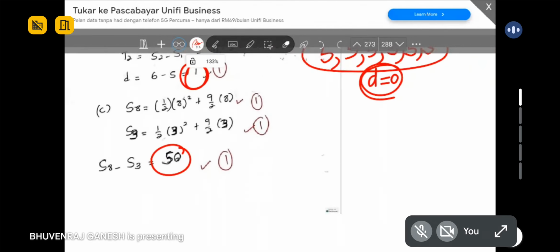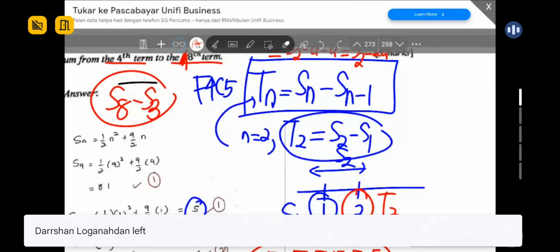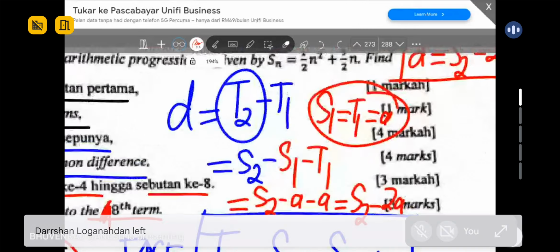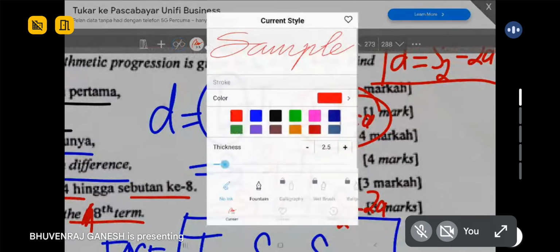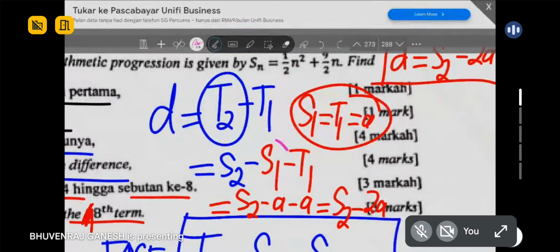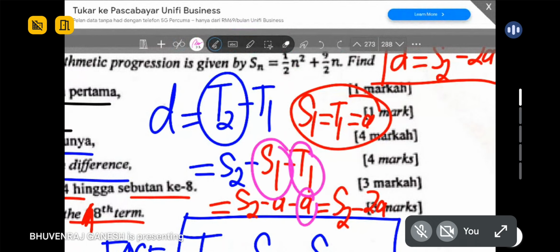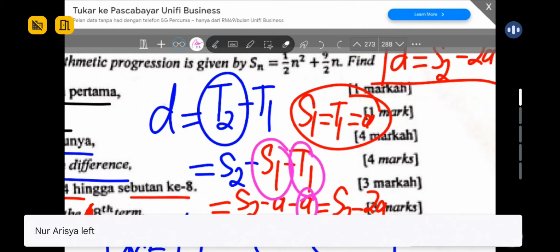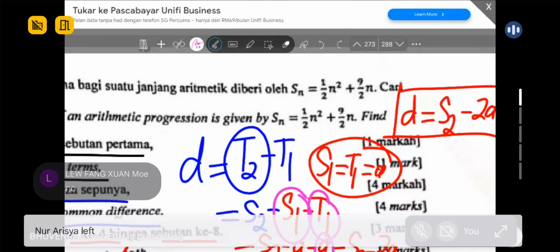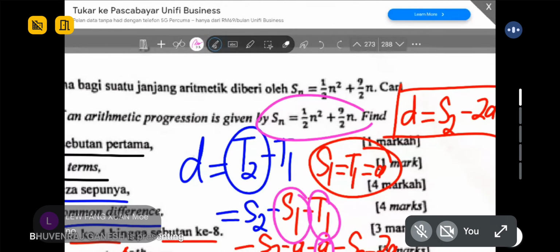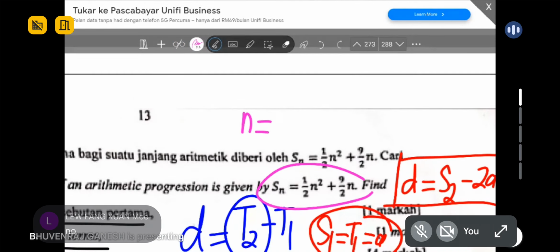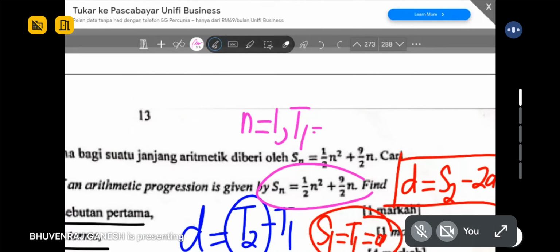S1 minus T1 is not 0. Why is it not 0? Because, did I say my first term is 0? Did the progression say that the first term is 0? Yes or no? You see the formula here. It's not 0, right? If you substitute n equal to 1, this is your T1, right? T1 is S1, correct?